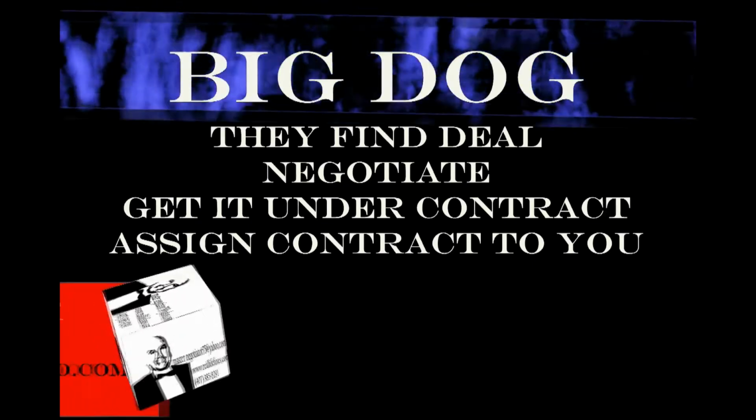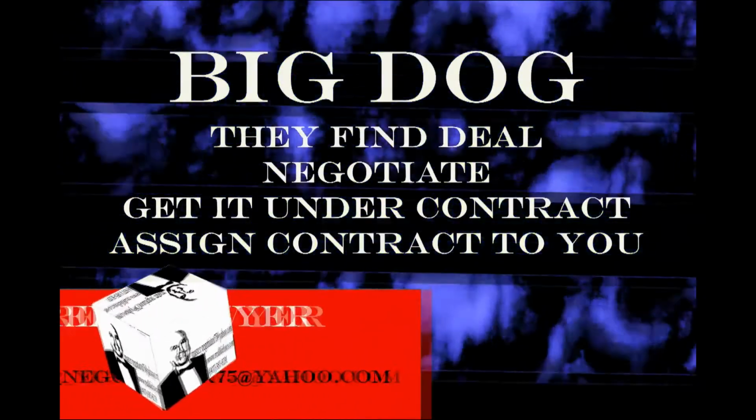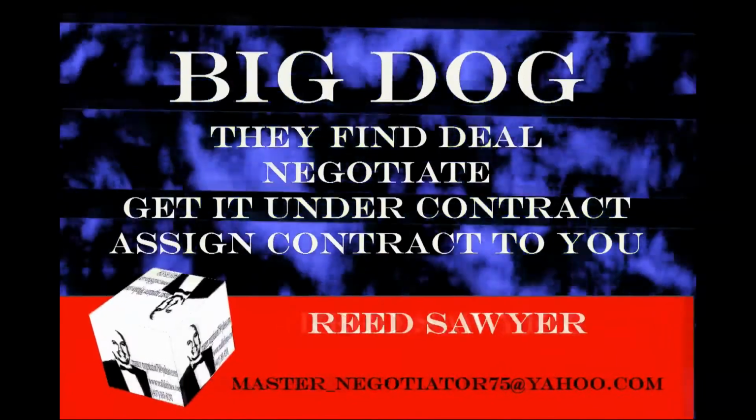Imagine, if you would, that you want to create bird dogs, and there's several different categories of bird dogs. The first category is someone that goes out there and they find a deal, they negotiate the deal, they get under contract, and then they assign the contract over to you, where you get less money, but they've done all the work.